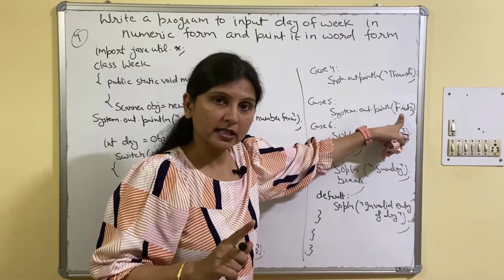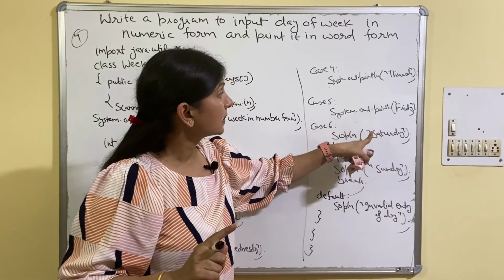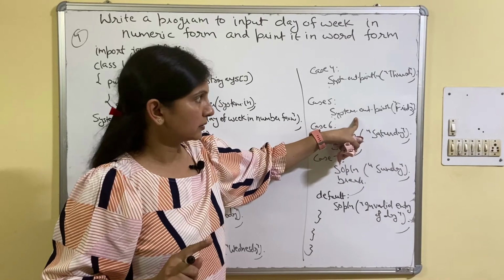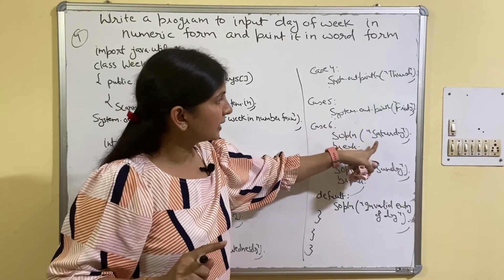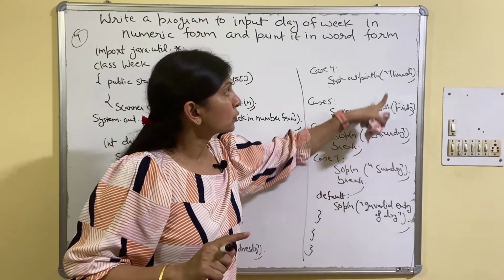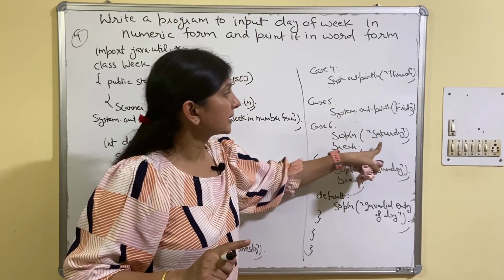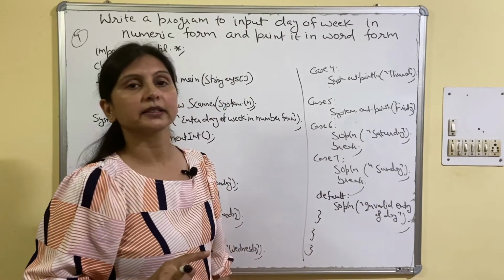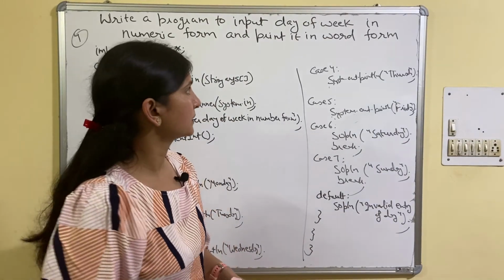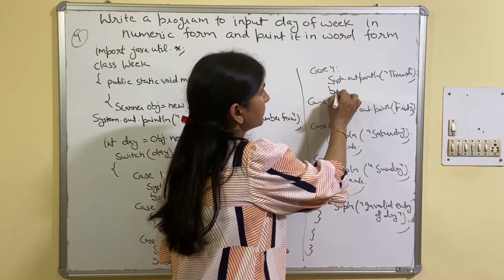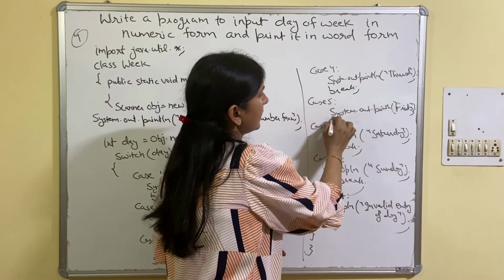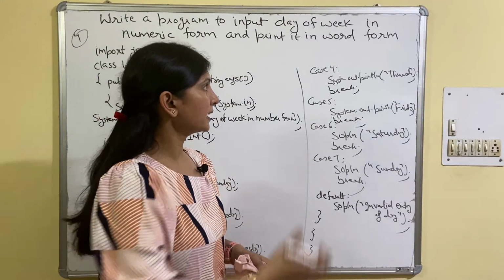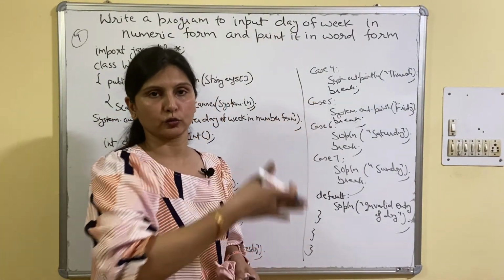It will display Thursday, then Friday, then Saturday also, because I have removed the break from here. It will not get break here, so it will enter Saturday also. So Thursday, Friday, Saturday, and then it will find the break, so then it will be terminated. Fine, so we should give break in every case, otherwise in the absence of break this is called fall through.